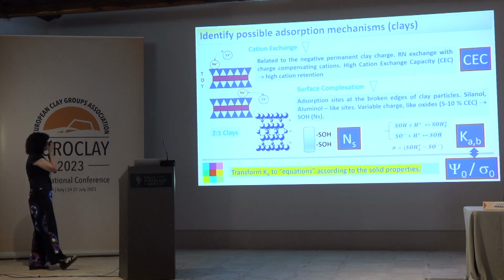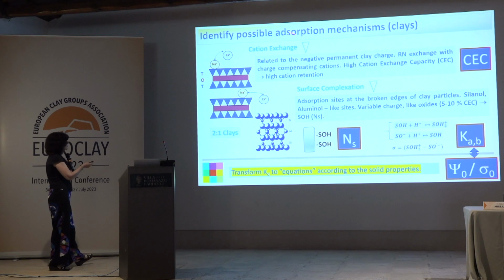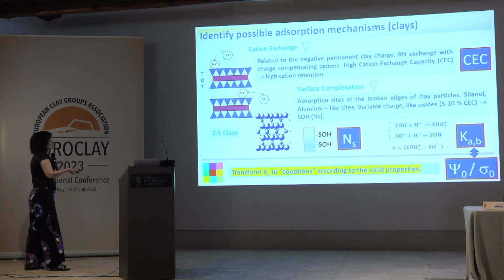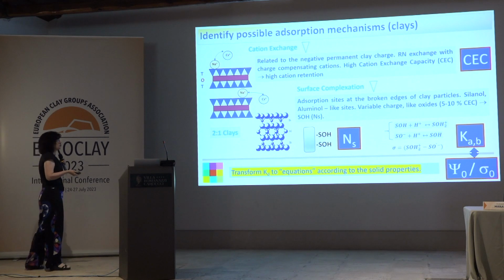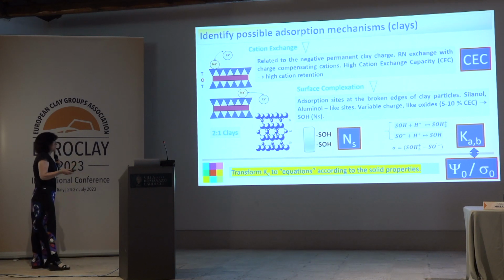So in the case of clays, we know that we can possibly have two main retention mechanisms. The first one is cation exchange, which is related to the negative permanent charge of the clays. So radionuclides can exchange at the surface or in the interlayer with the charge-compensating cations. The higher the cation exchange capacity is, the higher the capacity of the clay to retain radionuclides.